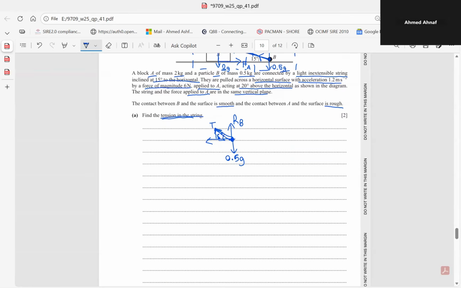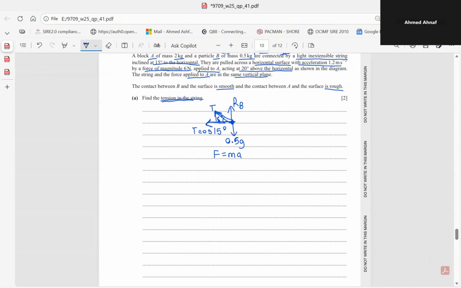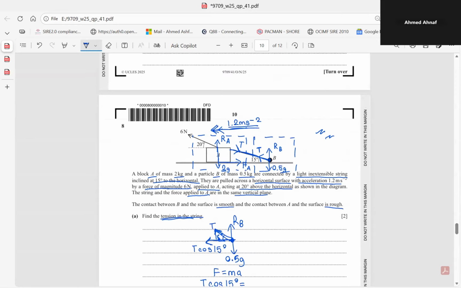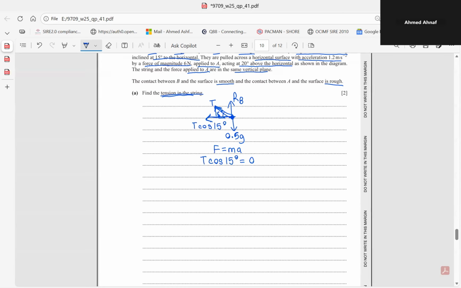We're going to use F equals MA. In this case, our F is the horizontal component of the tension, which is T cosine 15 degrees. So T cosine 15 equals mass 0.5 times acceleration 1.2.